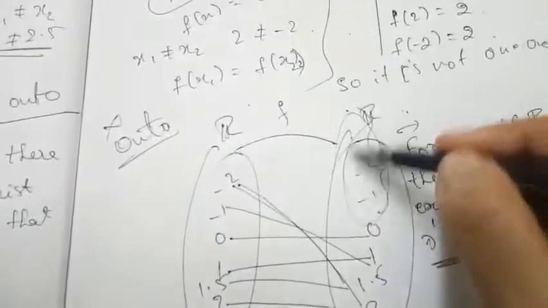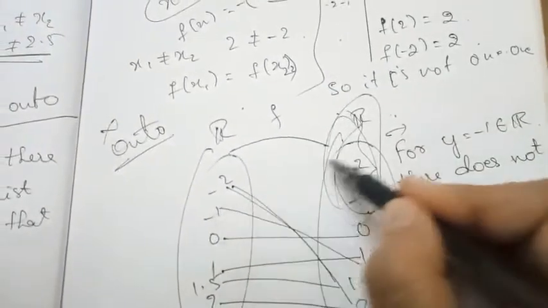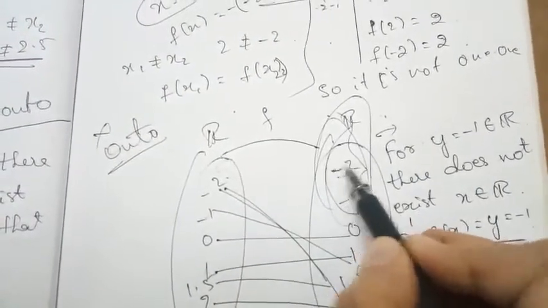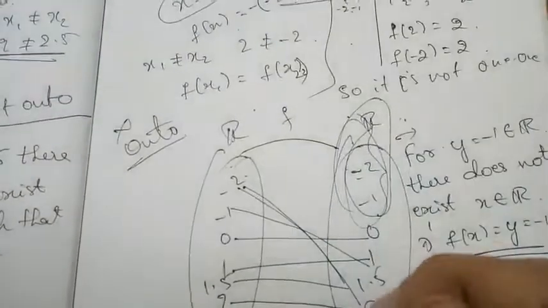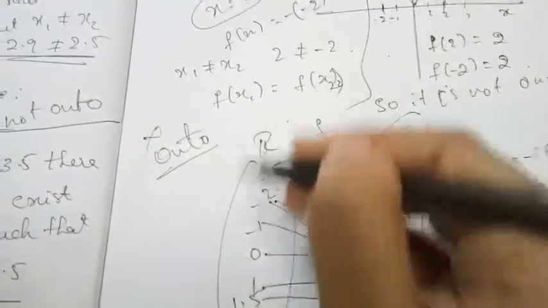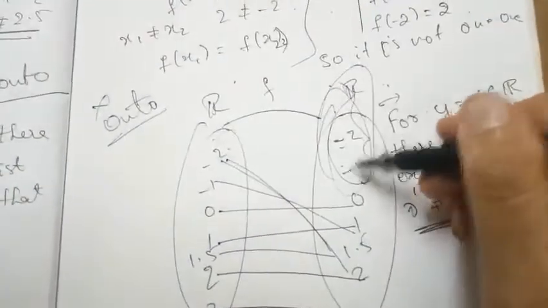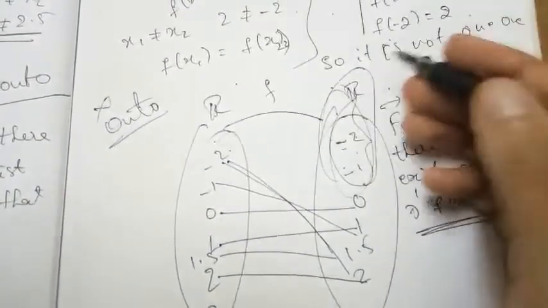Minus 2 is not the image of any element present in the domain, and minus 1 is not the image of any element present in the domain.